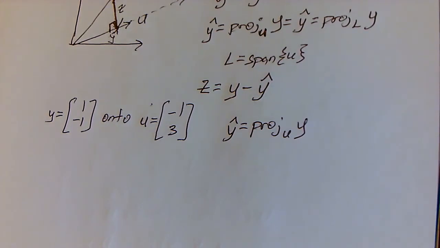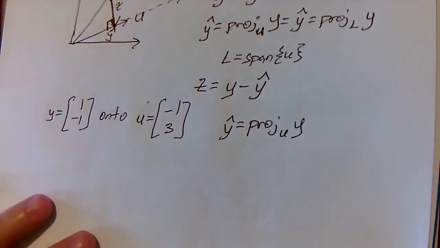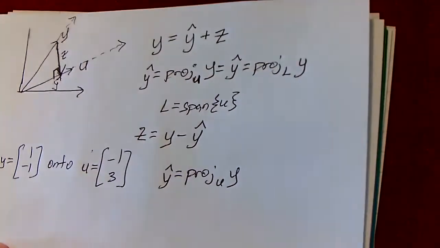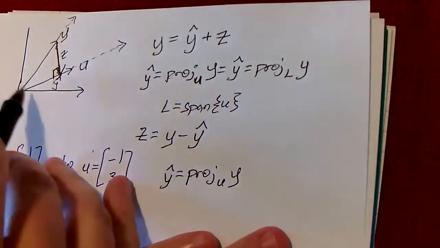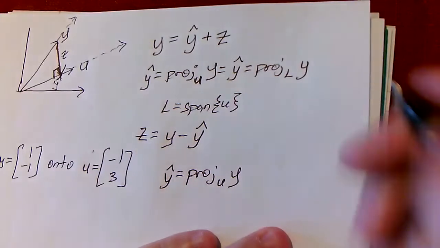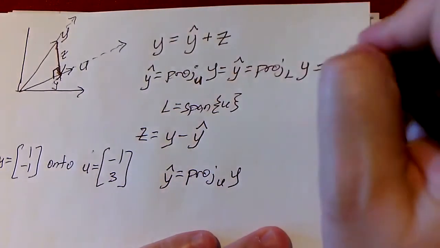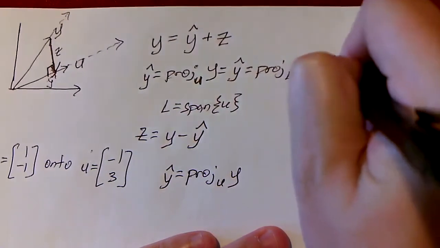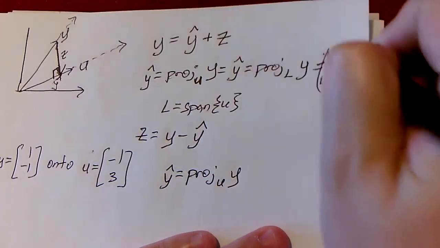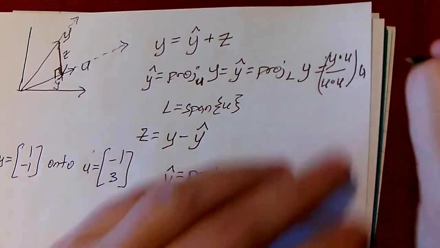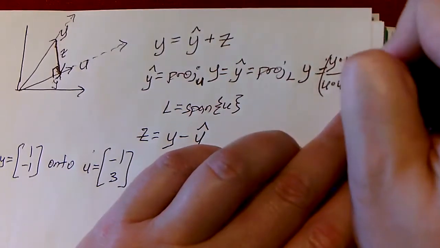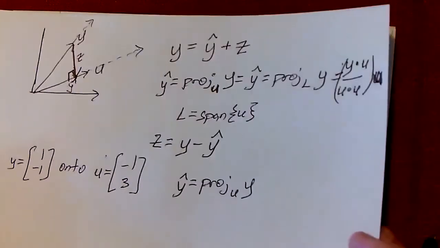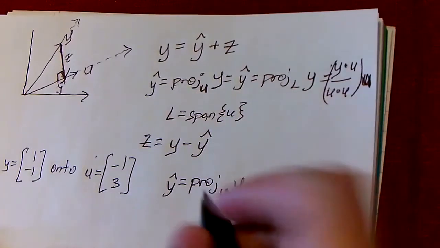That projection, it's going to turn out, is exactly what we found for the linear combination, because I'm just putting it on this one combination vector. So my projection is going to be y dot u divided by u dot u times the vector u.